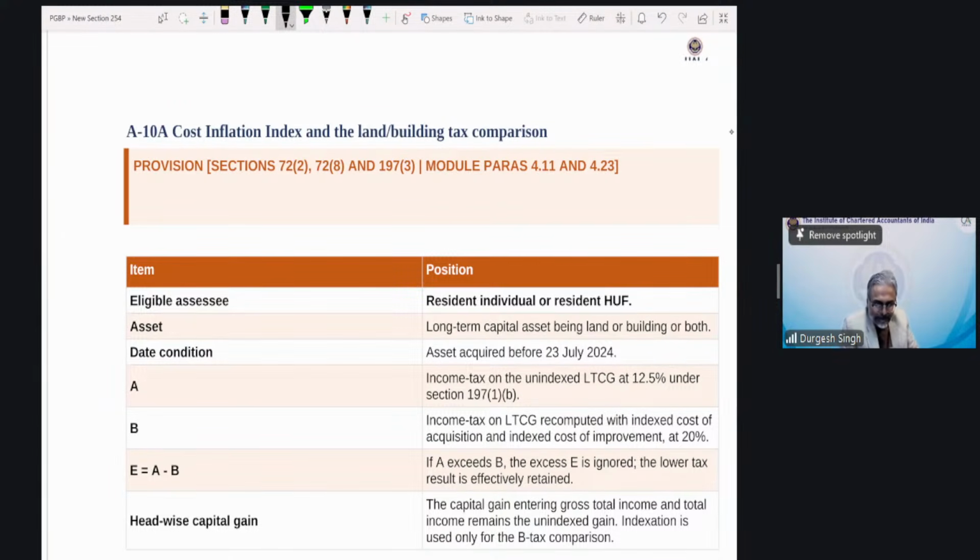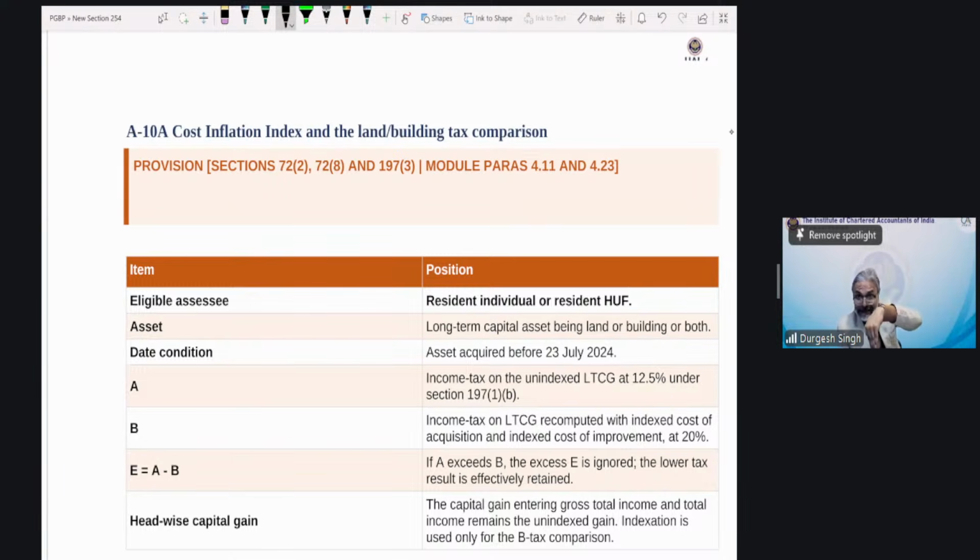So therefore, students, there are two options I told you in this case. So what is the true option? A or B, whichever is lower. Obviously, an assessee will take the option where his liability would be lower. So without indexation, 12.5%, he will see that.